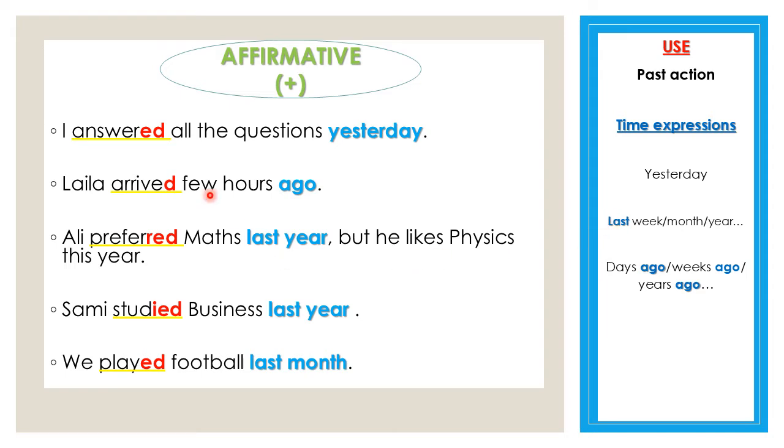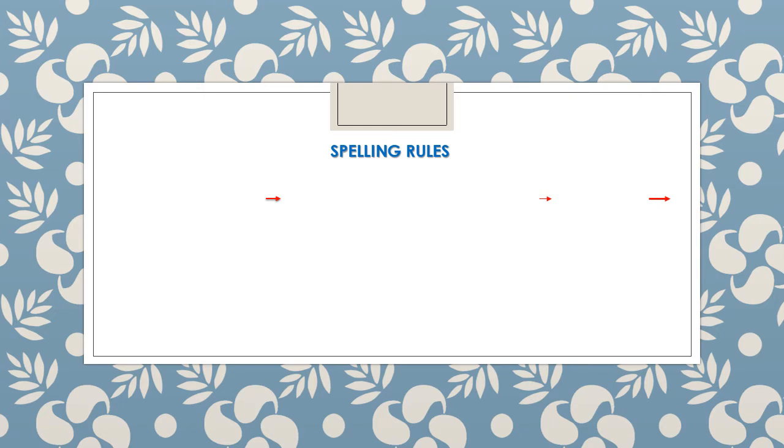Okay, what is the secret behind these verbs? Answered. Here we added ed. Arrived. The original verb is arrive and we added only d. Preferred. We doubled the consonant and we added ed. What's the secret? See the spelling rules.